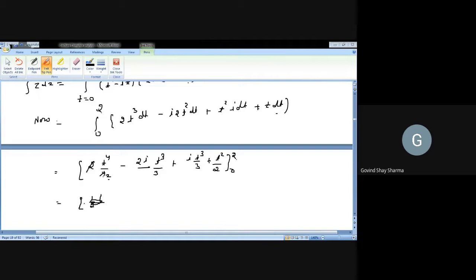Here we put 2 to the 4 by 2, minus 2 iota by 3 times 2 cube, plus iota by 3 times 2 cube, plus 2 square by 2, minus the lower limit, which is equal to 0.